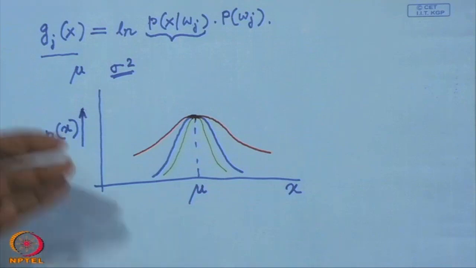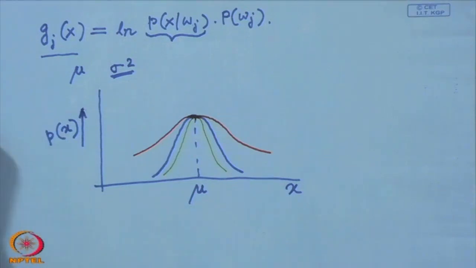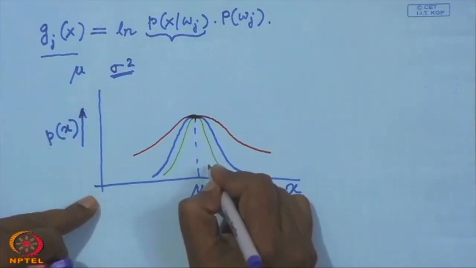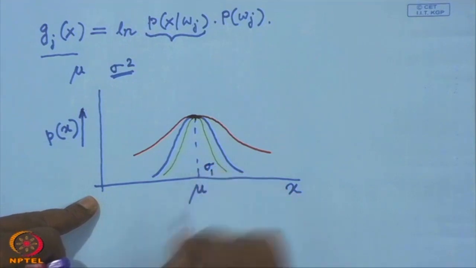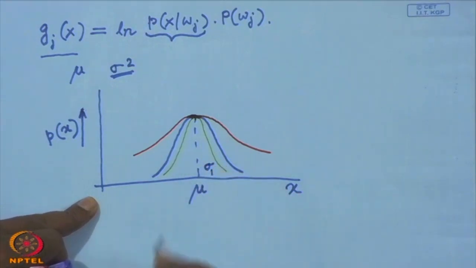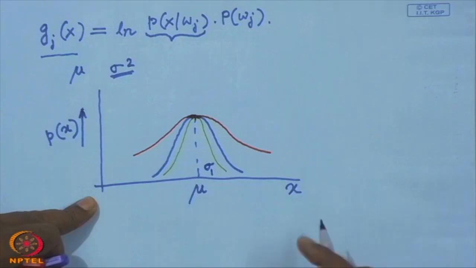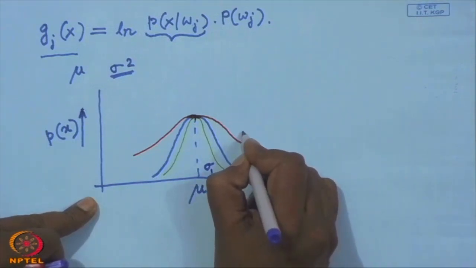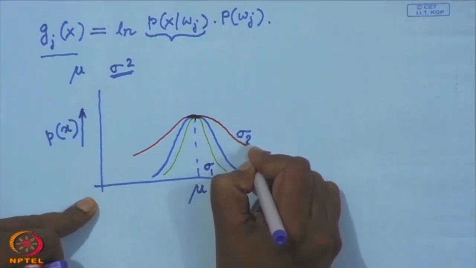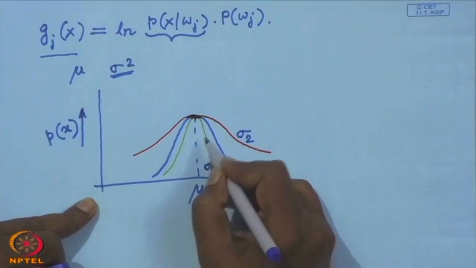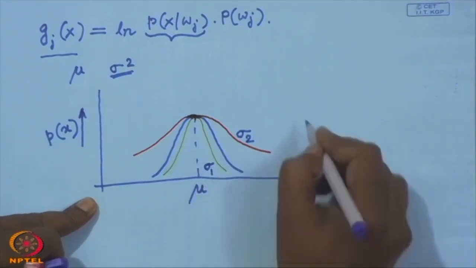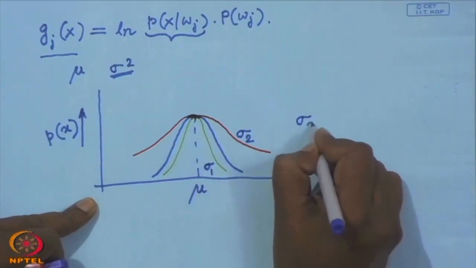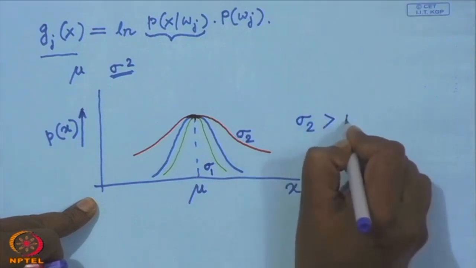If this curve is for sigma 1, where sigma 1 is the standard deviation and sigma 1 square is the variance, and this is the curve for sigma 2, with the mean value mu remaining the same, this indicates that sigma 2 is greater than sigma 1.